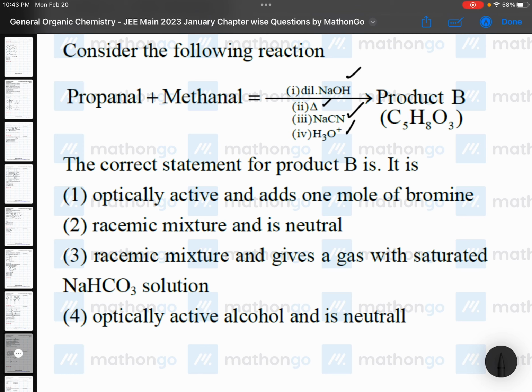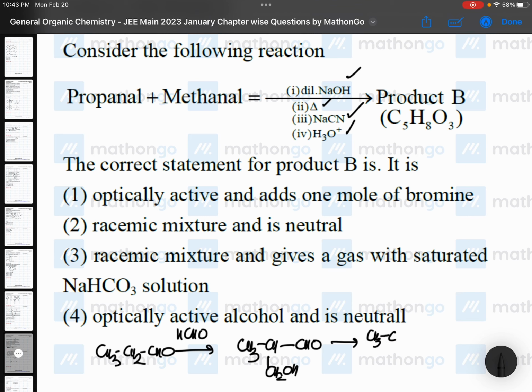First, when you take CH3CH2CHO, propanal, with HCHO, you get CH3CH(CHO)CH2OH. This first compound is going to lose a water molecule, giving CH3CH=CH2CHO.